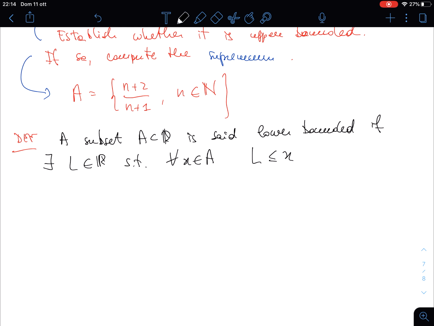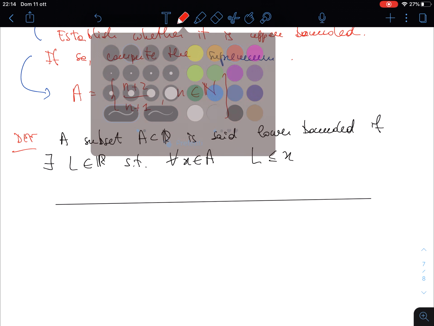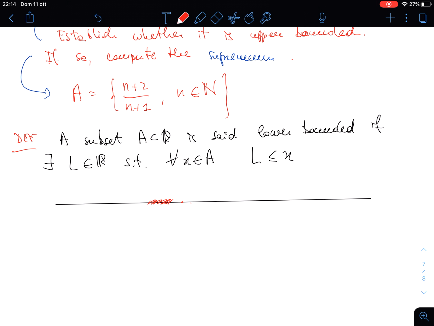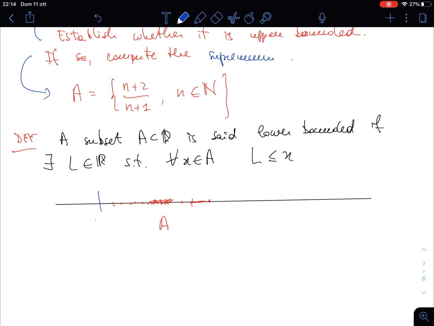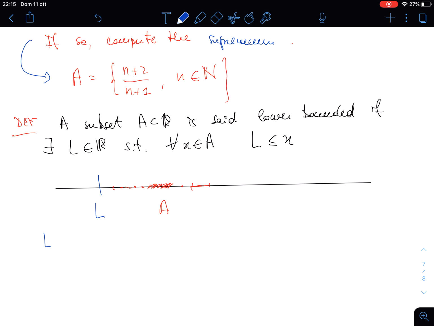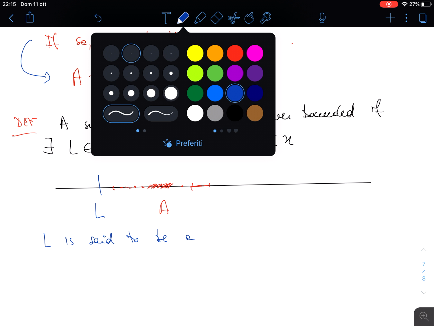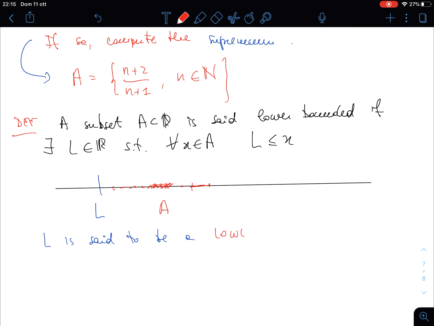And again, the picture is very simple once you get the notion. Here you have your set A. This is A. And here you have L. And L is said to be a lower bound of the set A.